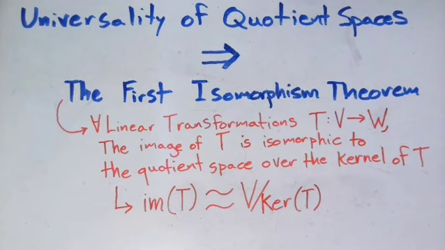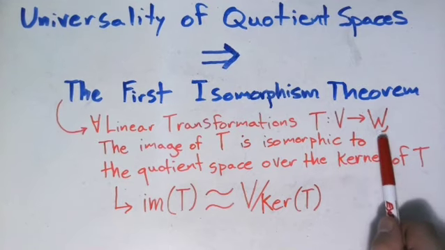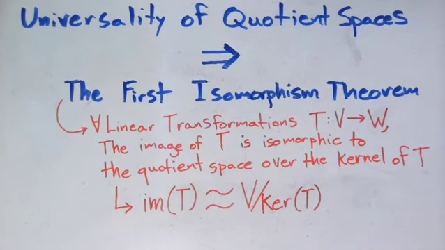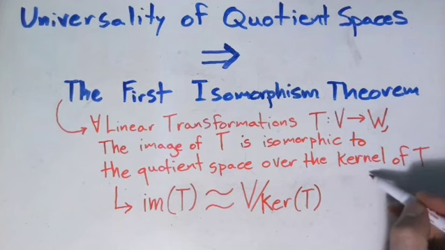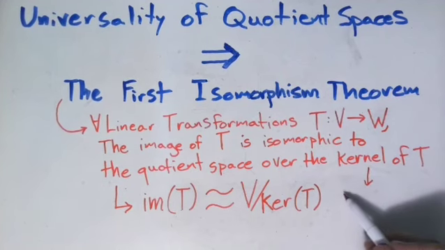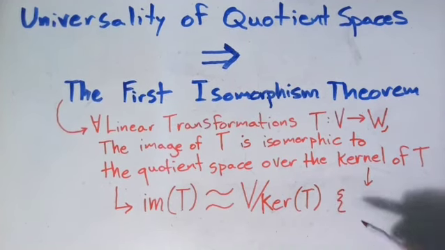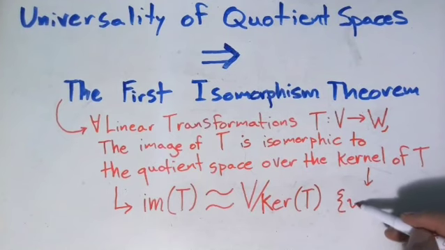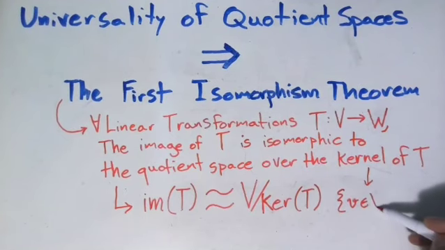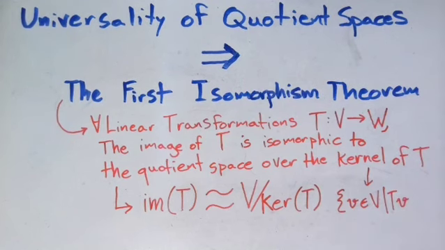The kernel is all of the values in V which map to 0 in W by T. So the kernel of T, just to remind you, is the set of all of the v's in V such that when you transform v by T, you get 0 in W.